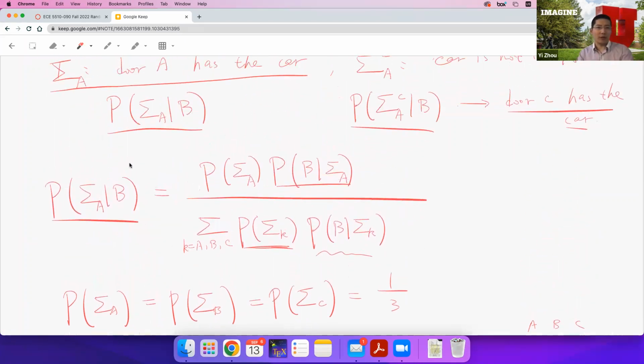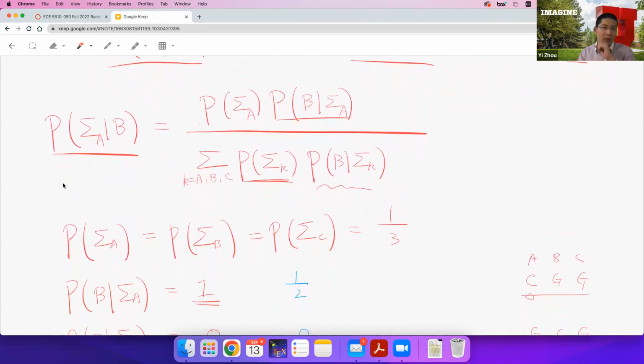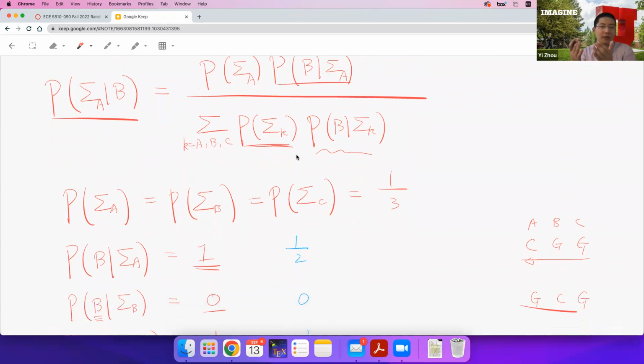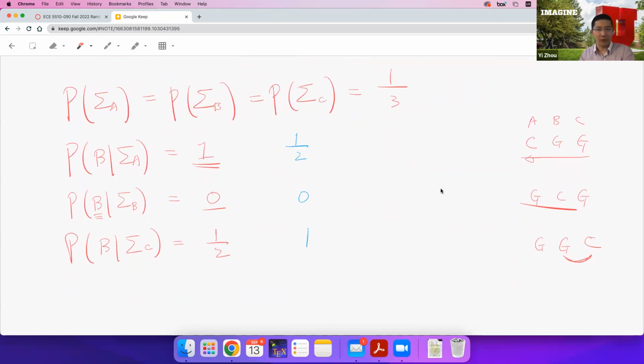But this idea is clear. Once we apply the Bayes rule, each single term can be calculated following the basic probability rules. But now somehow the setting is a little bit confusing.